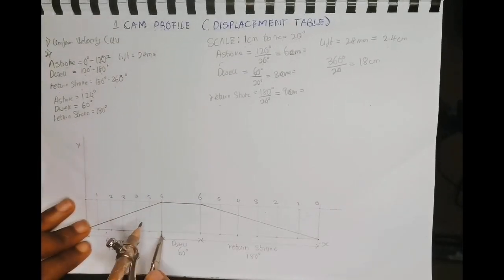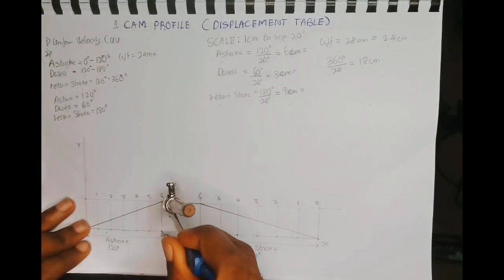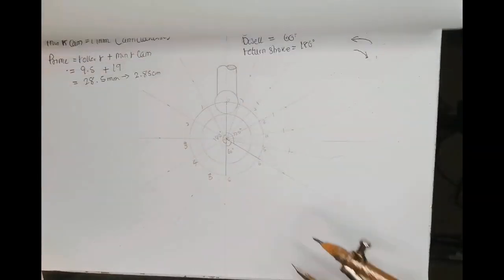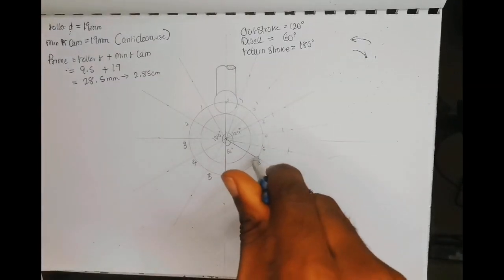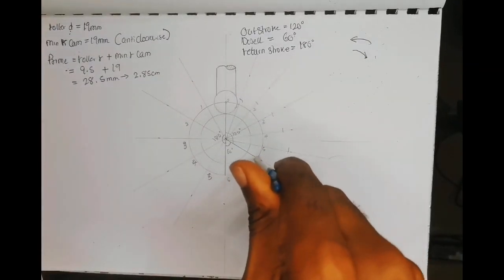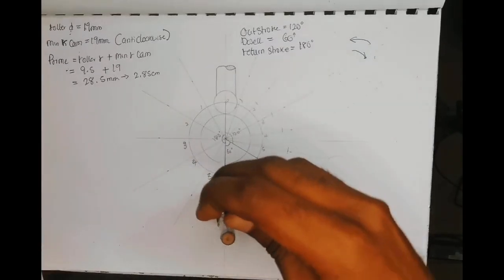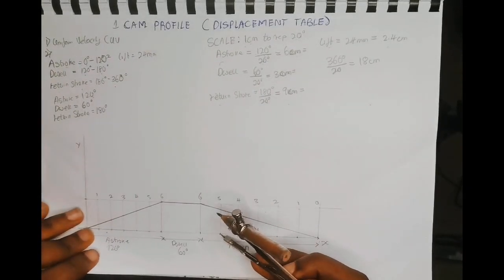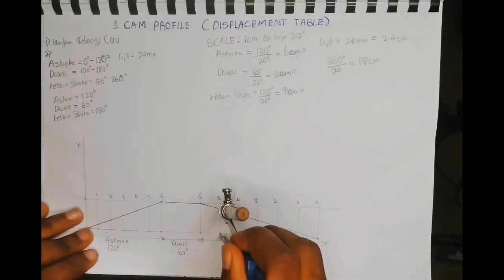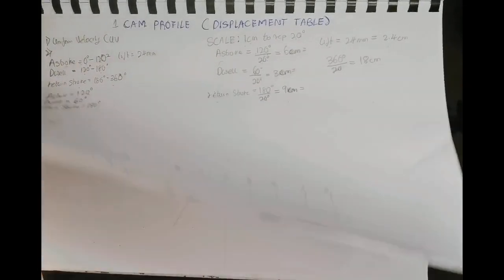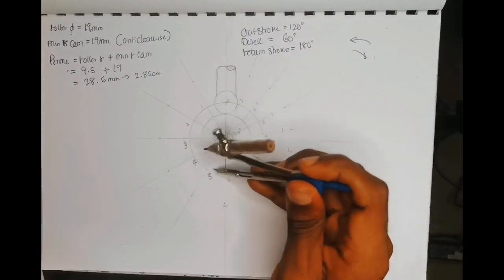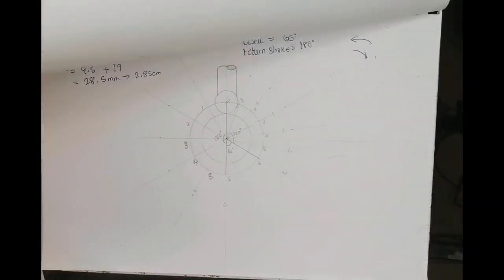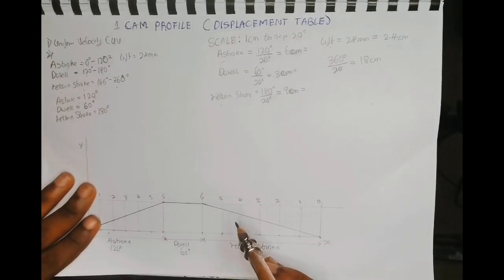Now extend from the X, extend to 6. Pin at 6 here, cut. 6 still has the same measurement, so you pin at 6 and cut here. Now we go back to 5. Pin 5, cut here. Go to 4, extend.